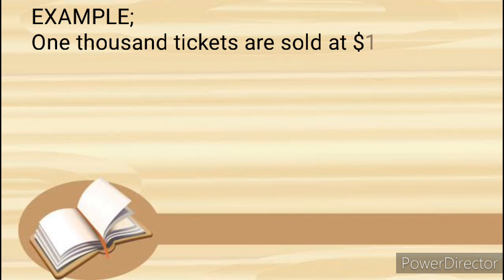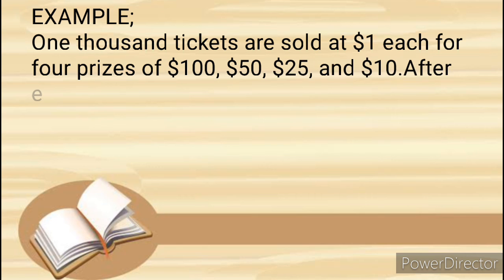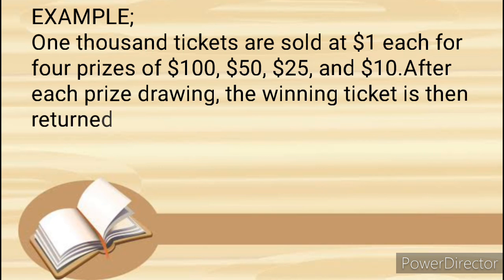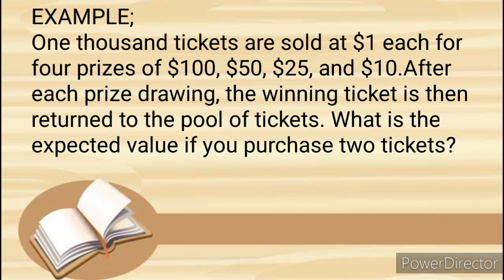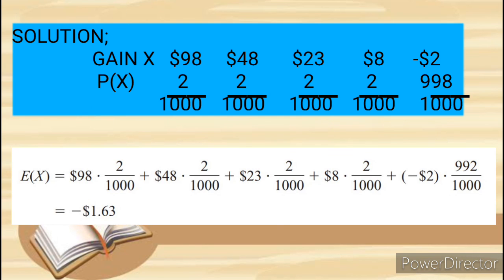Another example, 1,000 tickets are sold at $1 each for 4 prizes of $100, $50, $25, and $10. After each prize drawing, the winning ticket is then returned to the pool of tickets. What is the expected value if you purchase 2 tickets? Solution. The problem can be set up as gain or the outcome of $98, $48, $23, $8, and negative $2.